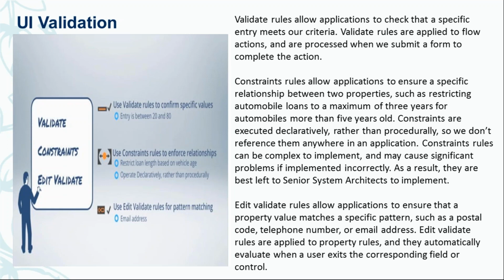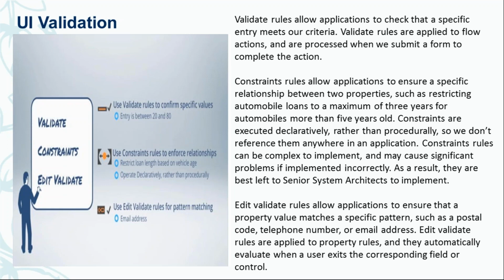The next rule is called the constraints rule. Constraint rules are mainly the same as the validate rule, but the only thing is that constraint rules are declarative in nature. Once we define it, Pega will take care of all the execution. We don't need to make any reference to that rule.